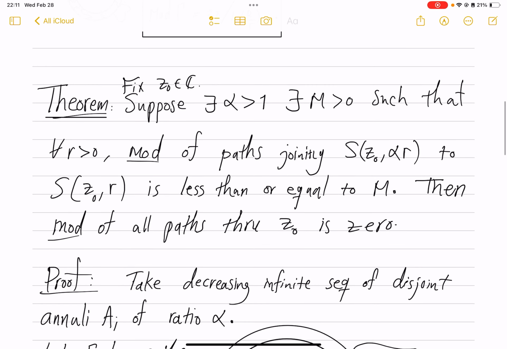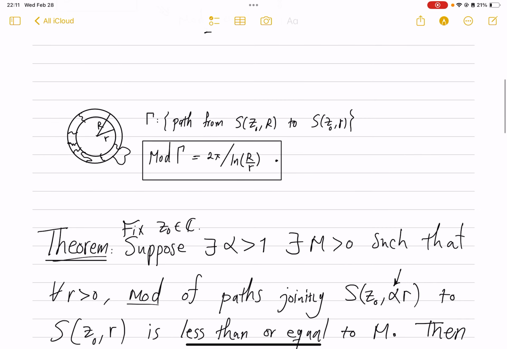It doesn't have to be exactly the 2-modulus, as long as you have a uniform bound on the modulus of paths joining annuli of uniform thickness. So we assume less than such a thing and still get the result.